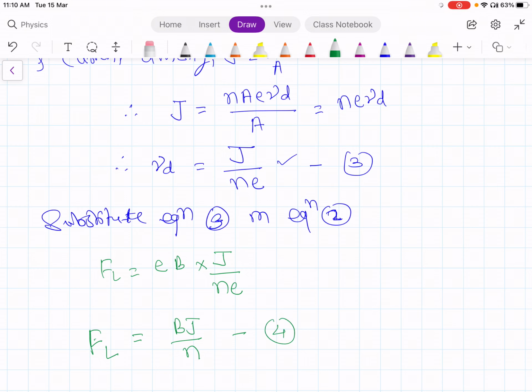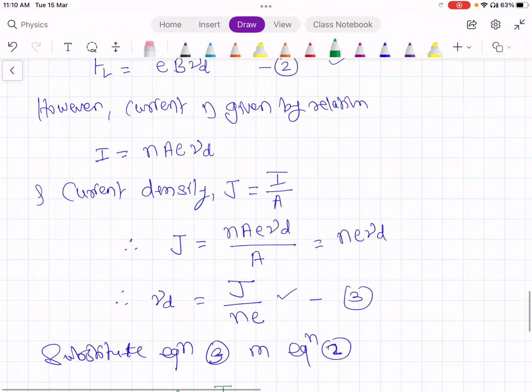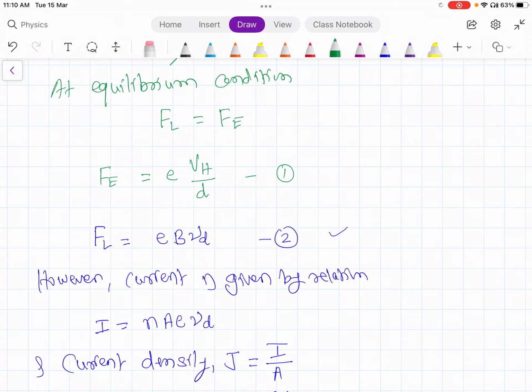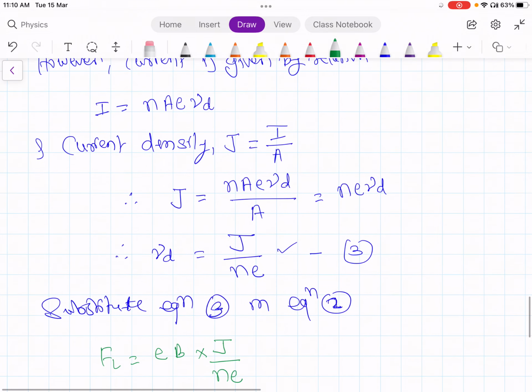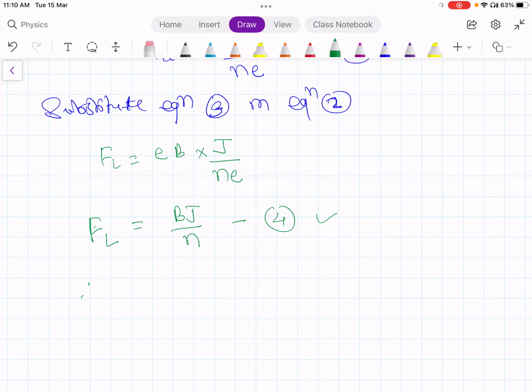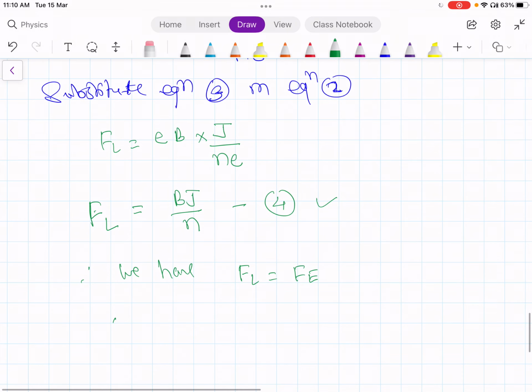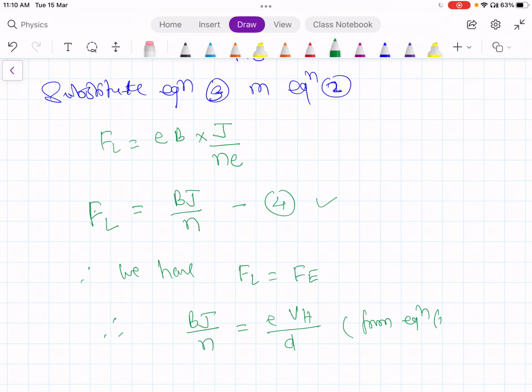And this is equation 4. So we got equation 4 for Lorentz force and equation 1 for electric force. So let us equate this at equilibrium condition. So we have FL equals Fe, and therefore FL is B J upon N and Fe is e VH upon d, from equation 1 and 4.